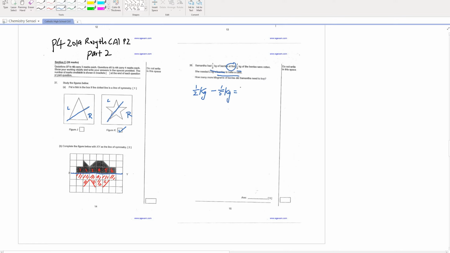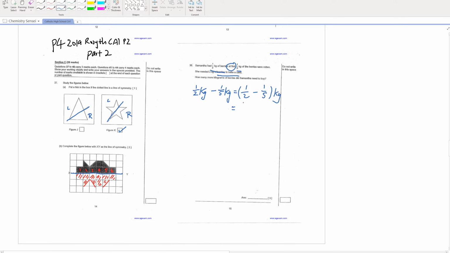Alright, if you are confused by the unit, you can simply take out the units. Then we just have 1/2 minus 1/5. In order to do subtraction, we need to make sure that the denominators are the same. This can be done by multiplying the denominator with each other.